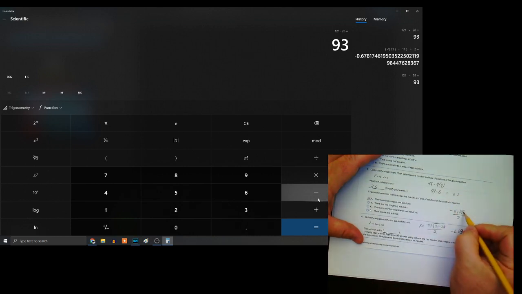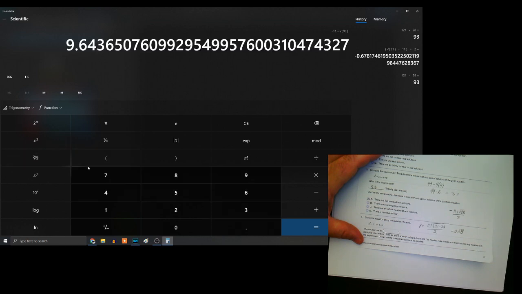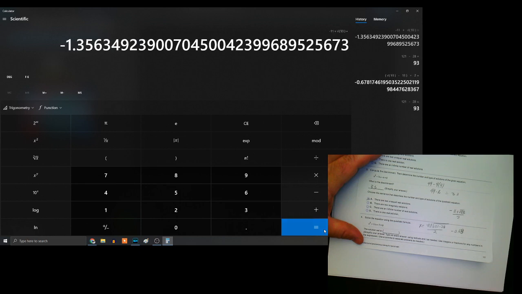So here's what we got. Negative 11. Let's see, how do you do negative on this one? Oh, there we go. So let me clear all this again. So 11, make it a negative, plus, I think this is how you do it, 93 square root. Yep. And then that equals that, and then divide by 2.